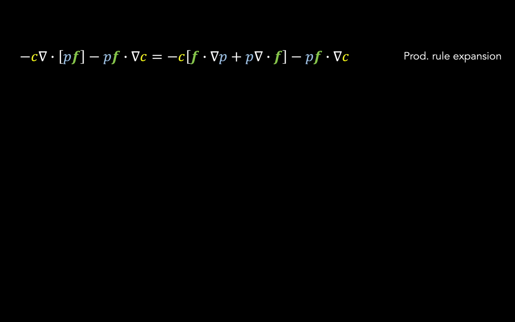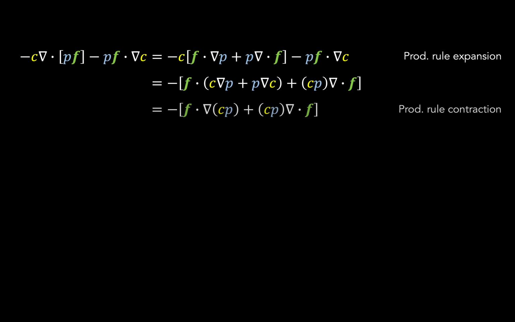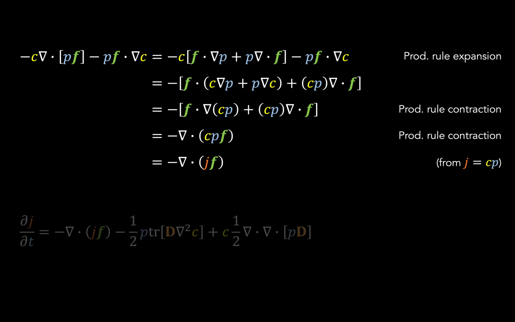First of all, we can use the product rule to expand our divergence of Pf, then group some terms here. Now we can look at this first term and realize that this is just the gradient of Cp, so now we're doing a product rule contraction. Now we can actually contract again and realize that this is the negative divergence of Jf. So we can sub this into our equation for dJ over dt.